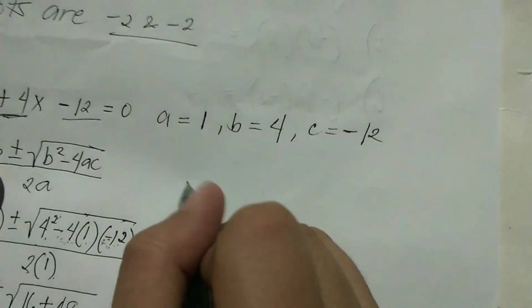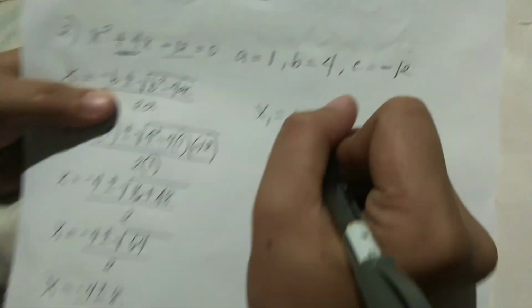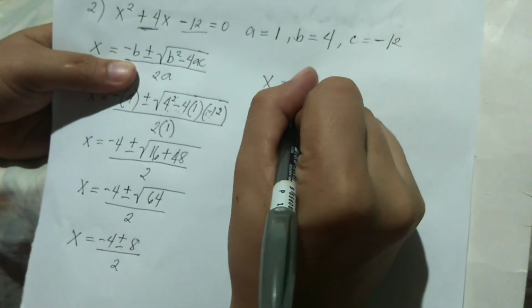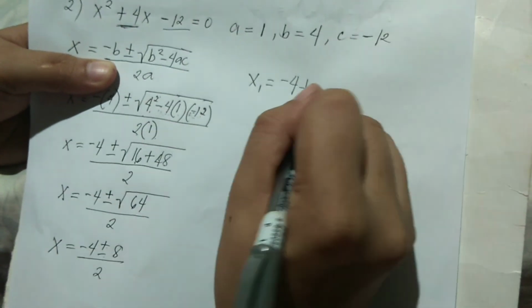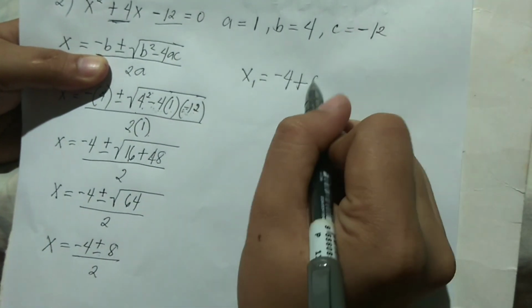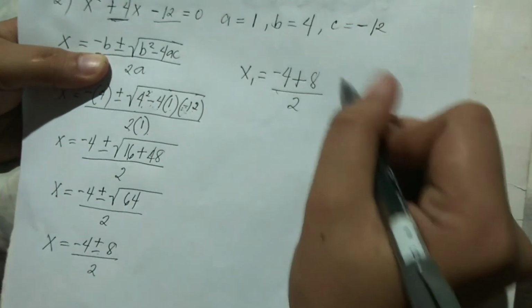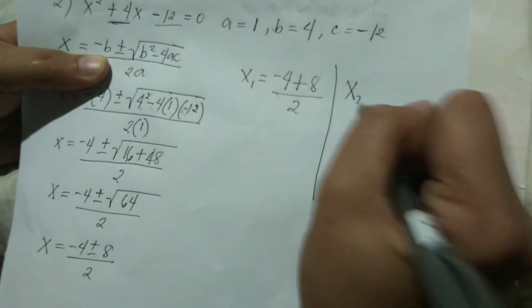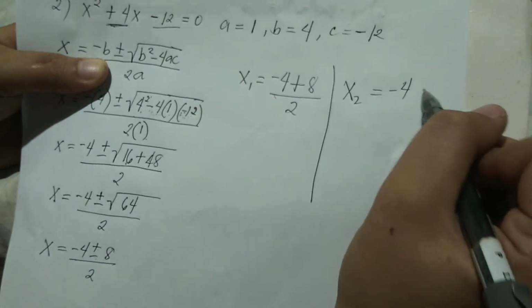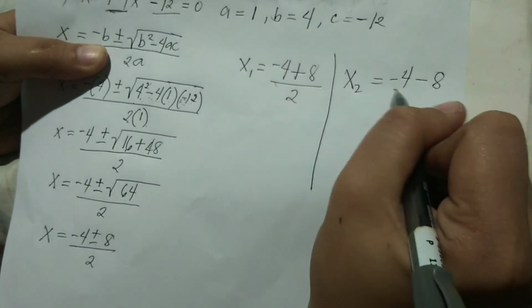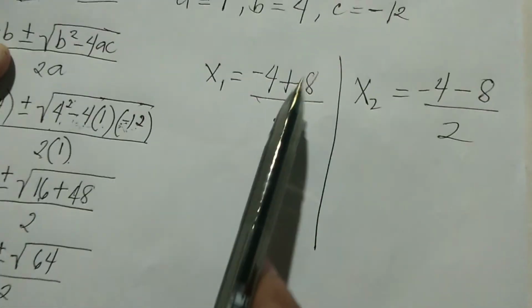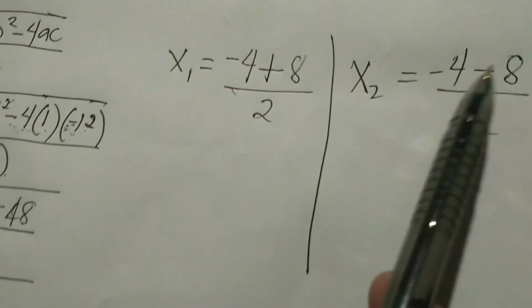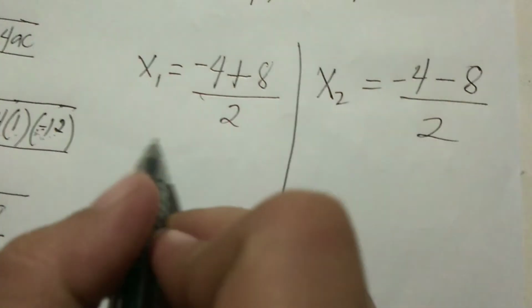So we have x sub 1 is equal to negative 4 plus 8 divided by 2, and x sub 2 is equal to negative 4 minus 8 divided by 2. So, nagets nyo po ba yung positive tsaka negative pinaghiwalay?